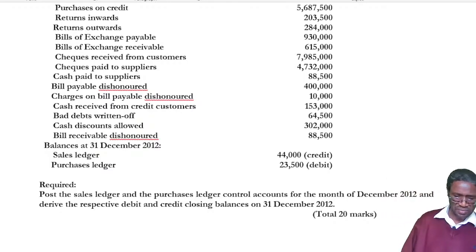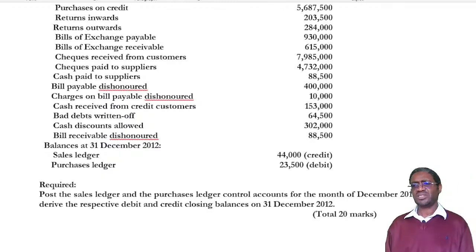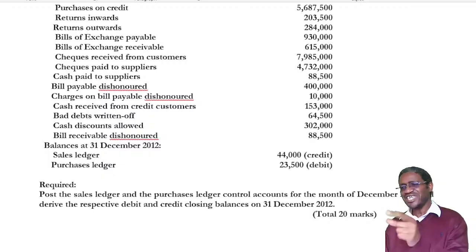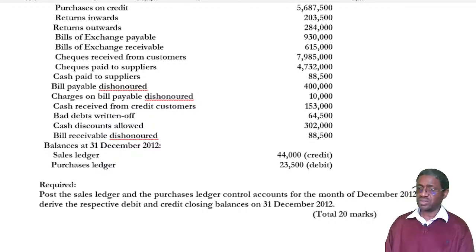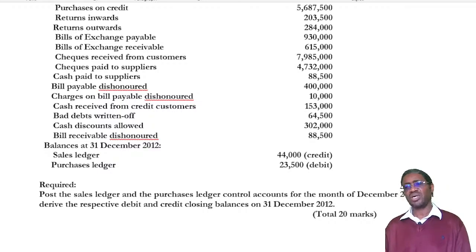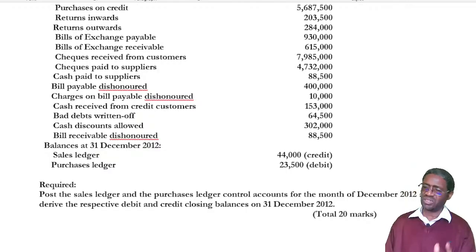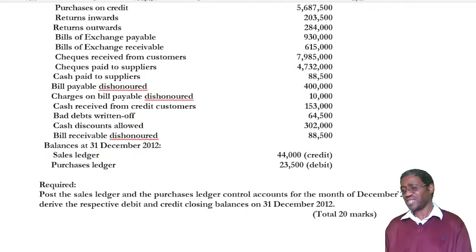Are you there? Good. Then you are given purchases ledger, another one, 23,500. It's a debit. Purchases, I've told you, they are creditors. Creditors are always a credit balance. But here they have given you the debit one. So this examiner wants you to determine the other one on your own as a balancing figure.